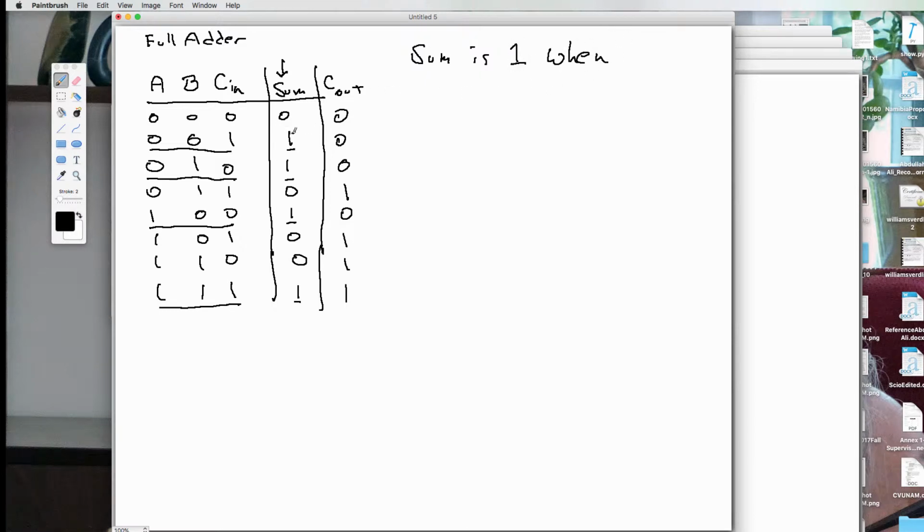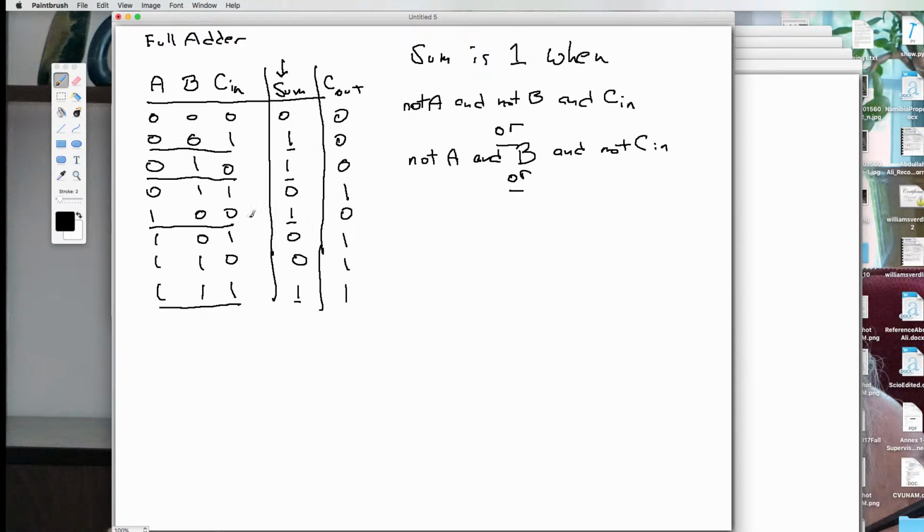when. And now we have a whole bunch of different things to talk about. We could say not A and not B and C in, or, and then we come down here to this next line, and that would be not A and B and not C in, or, and you get the idea, okay?